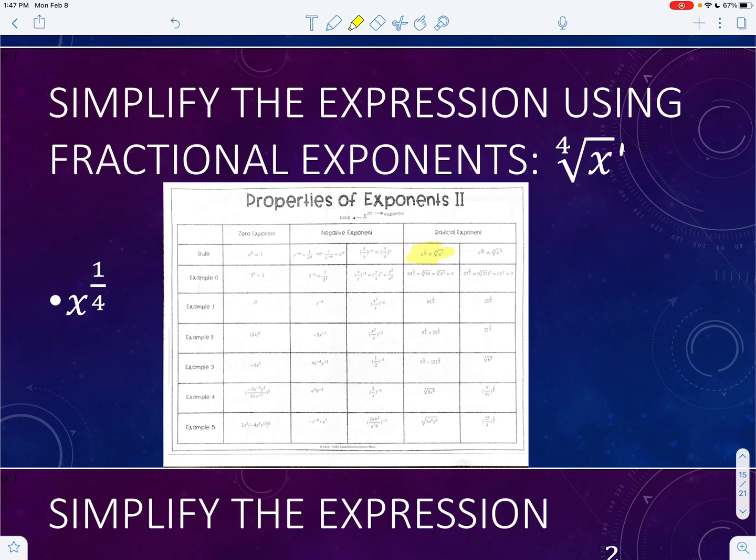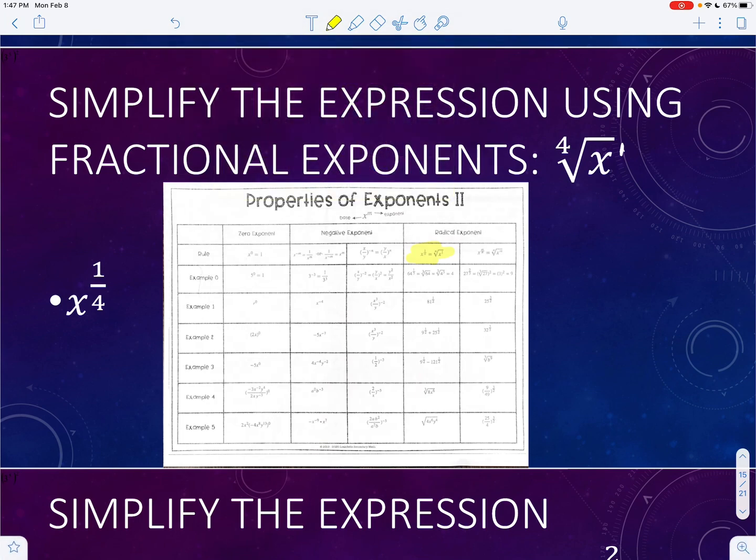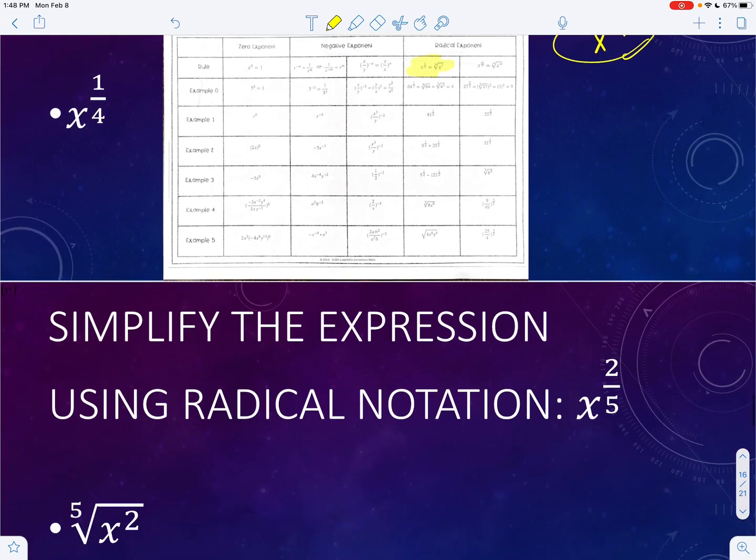So if we can do it one way, we can do it the other. So we can basically note that this 1 is going to be our numerator, and this 4 is going to be our denominator when we write it as a fraction, so that it is x to the 1 divided by 4. And that's our answer.